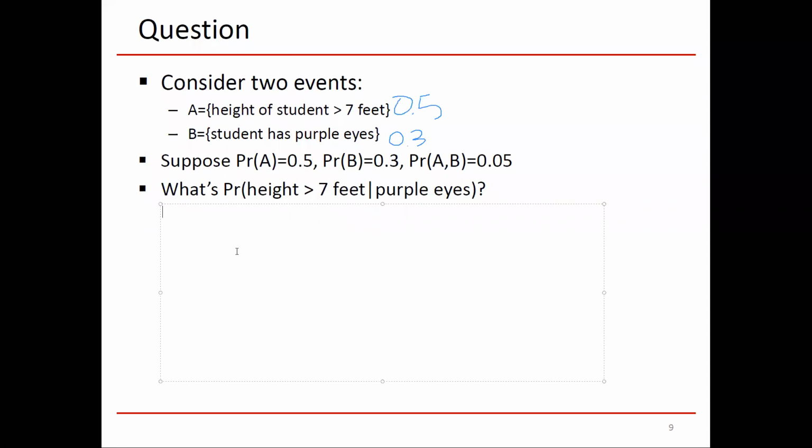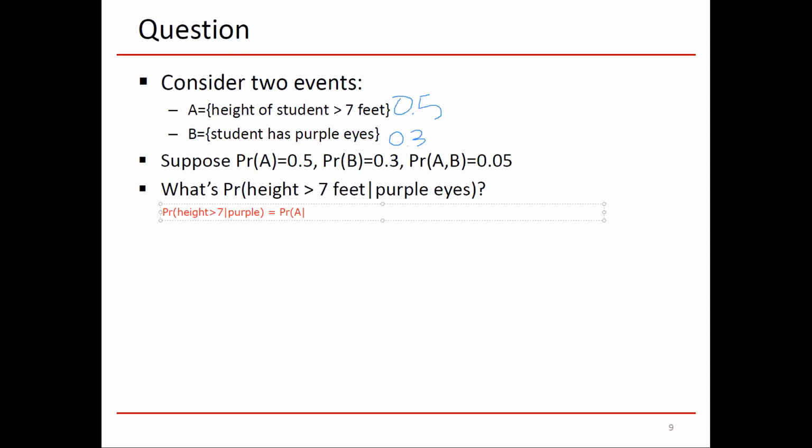All right, so I'm now continuing. The probability of height greater than 7 conditioned on purple. Let's convert this to A and B notation, else it'll just be very difficult to write. So height greater than 7 is A, and we're conditioning on purple eyes.